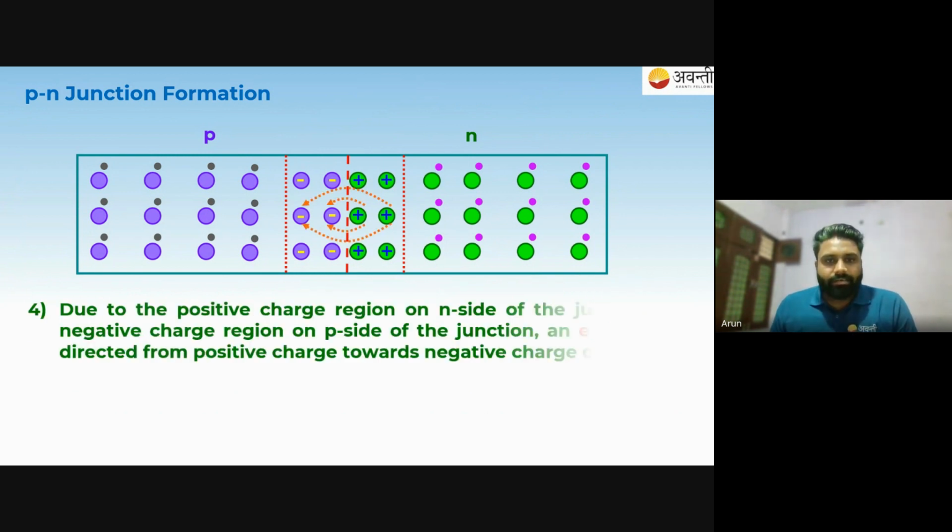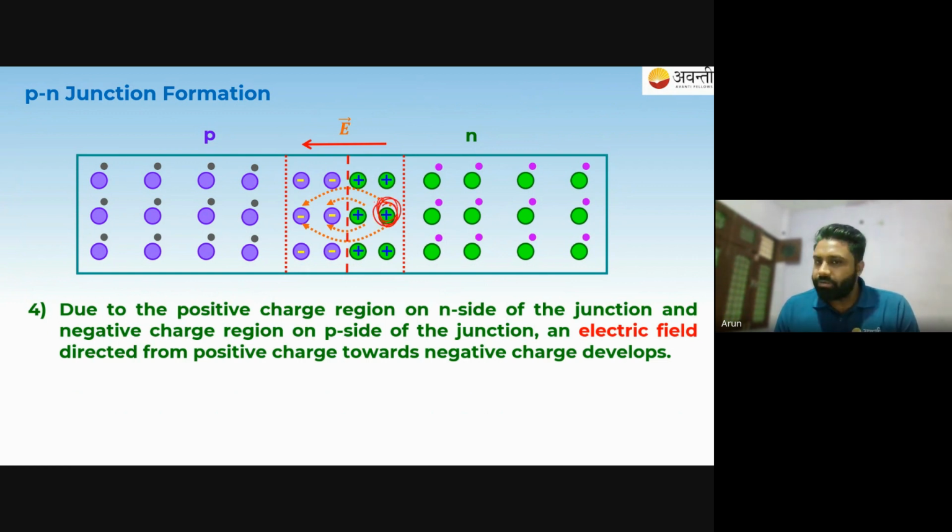Now, if you can see here, this is the positive charge and this is the negative charge ions I'm talking about, the region inside the depletion layer. Okay, so there are positively and negatively charged ions. Because of that, an electric field will be developed, and the direction of the electric field is from positive to negative charge. So the electric field E is developed from the positive side to the negative side, or you can say from the n side to the p side.